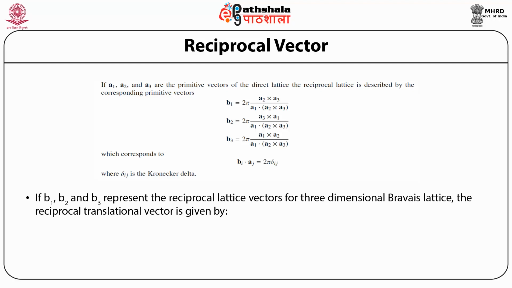If b1, b2 and b3 represent the reciprocal lattice vectors for a three-dimensional Bravais lattice, the reciprocal translation vector is given by Gm, which is m1 b1 plus m2 b2 plus m3 b3.